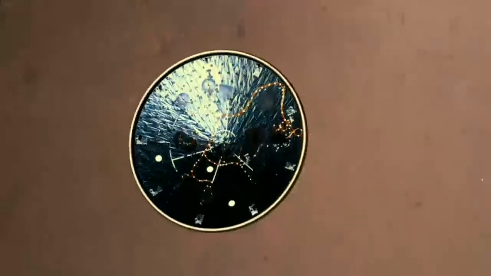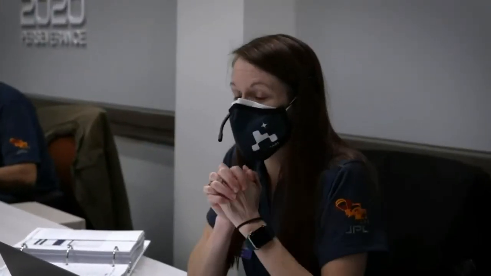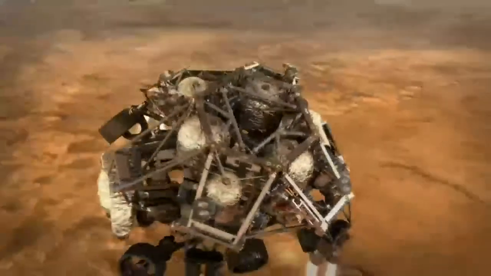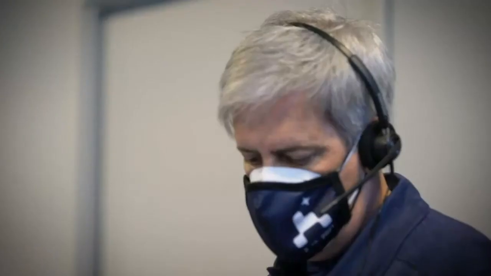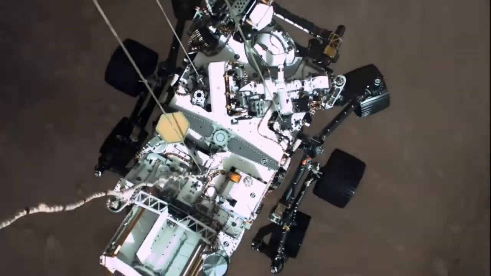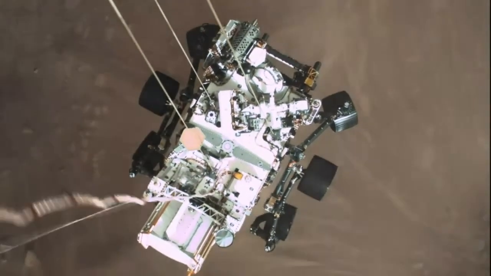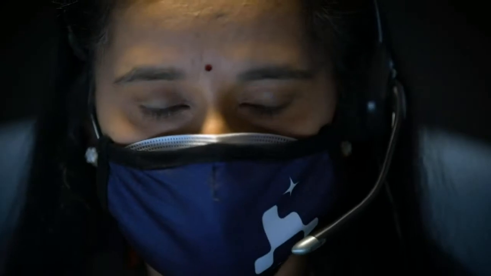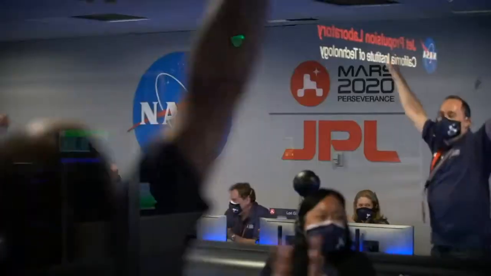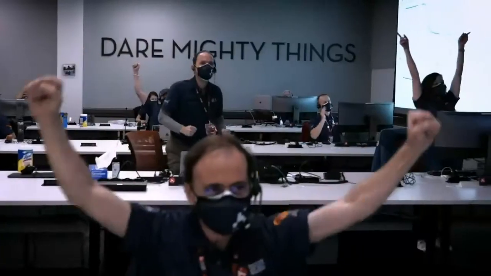The heat shield has been separated. Perseverance now has radar lock on the ground. The back shell has separated. Skycam maneuver has started, about 20 meters off the surface. Tango Delta, nominal. Touchdown confirmed. Perseverance safely on the surface of Mars, ready to begin seeking the signs of past life.